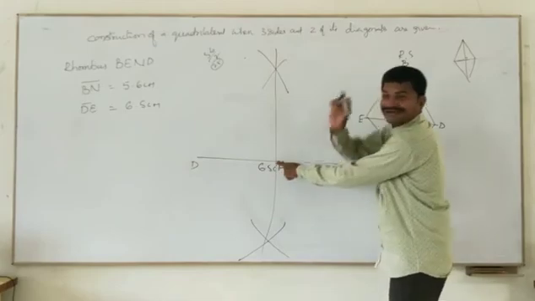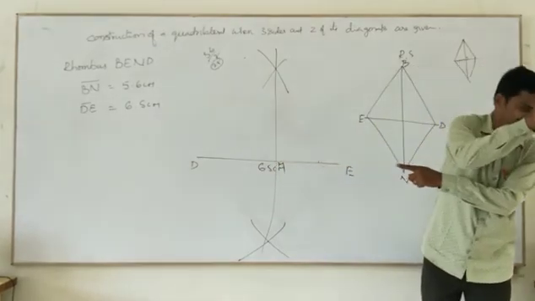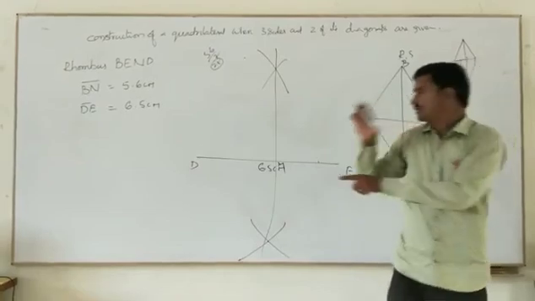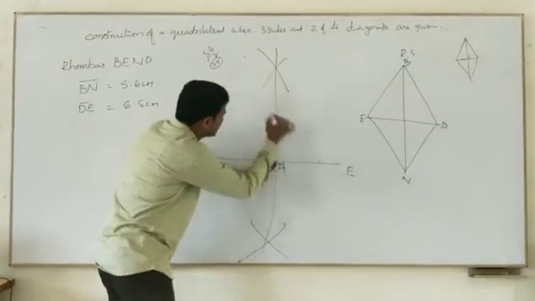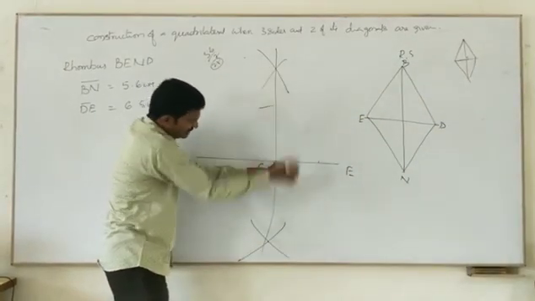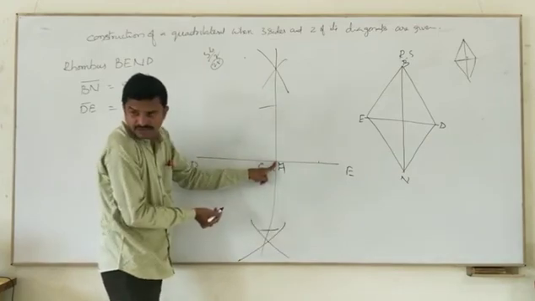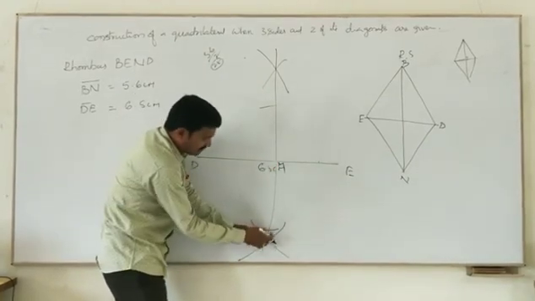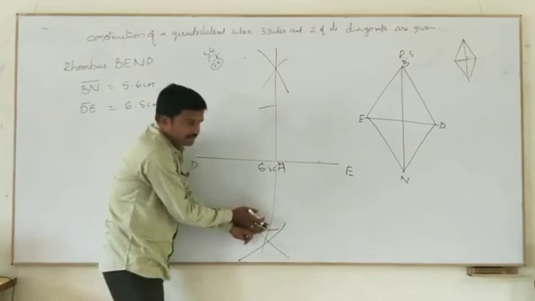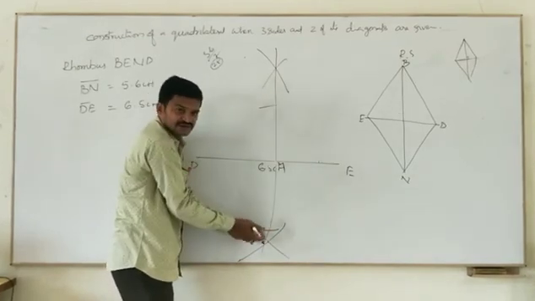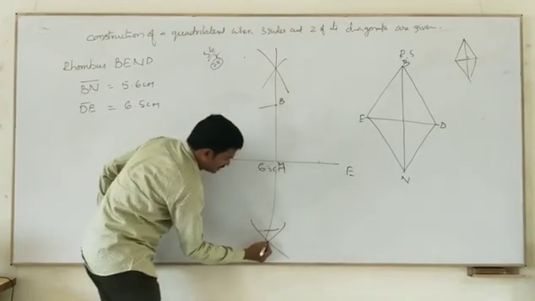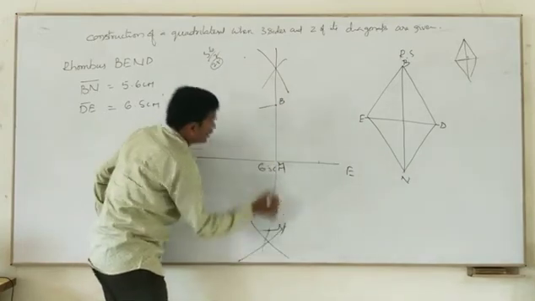Now, from M, take a radius of 2.8 and draw an arc on this perpendicular bisector, both above and below. The points may come outside or inside, no problem. You can name this B and this N.